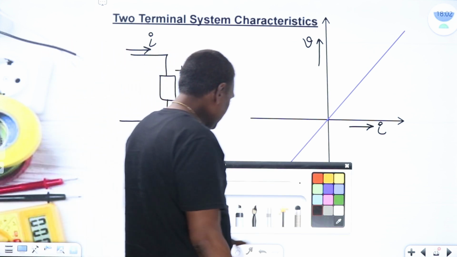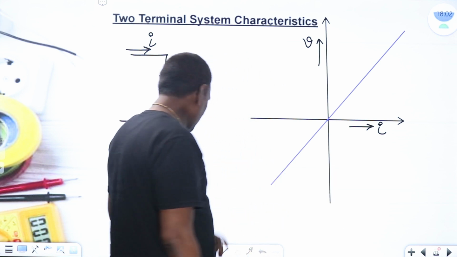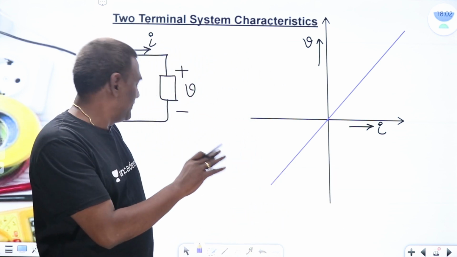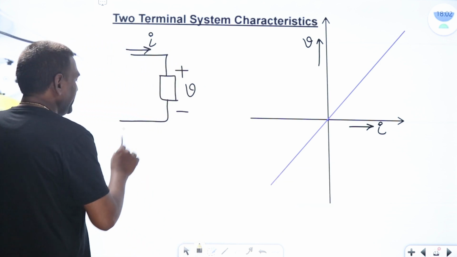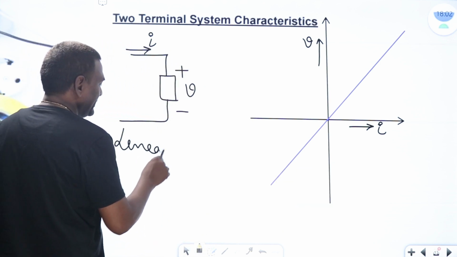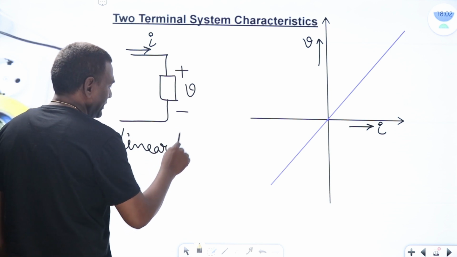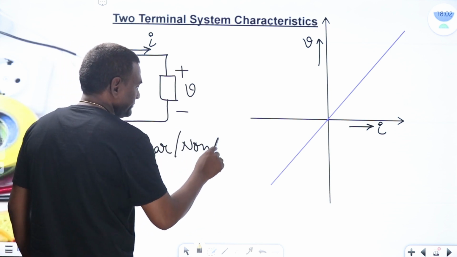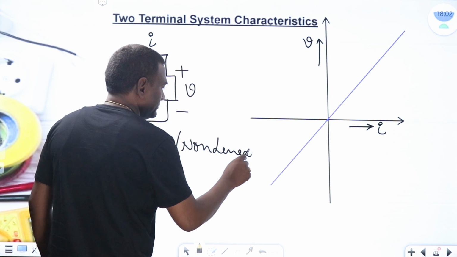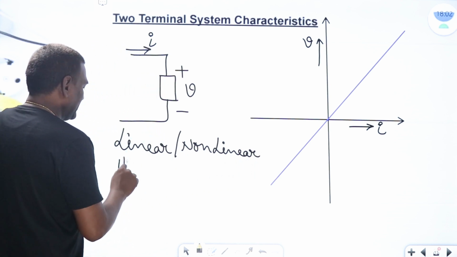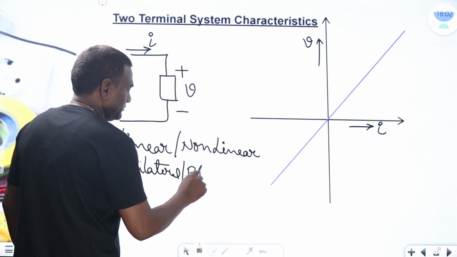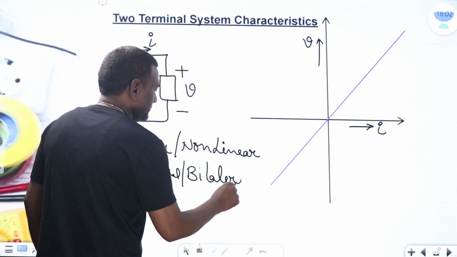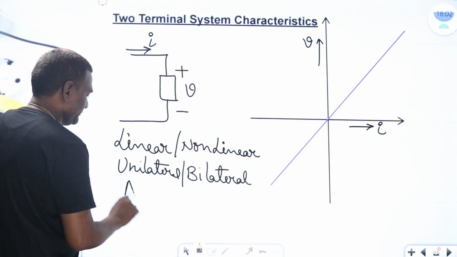Now, see here, we can get 3 conclusions. What are those 3 conclusions? First is about linearity, we can decide linear or non-linear, then unilateral or bilateral, and active or passive.